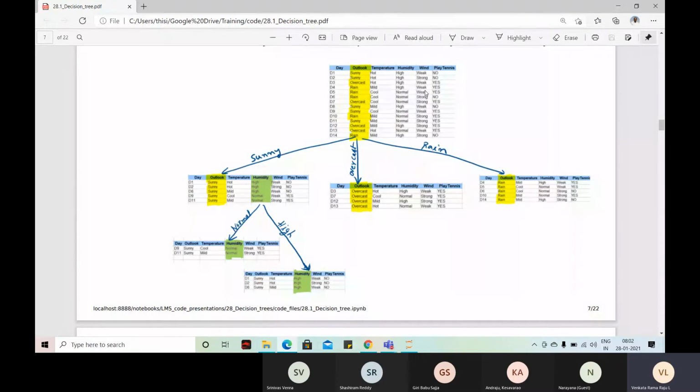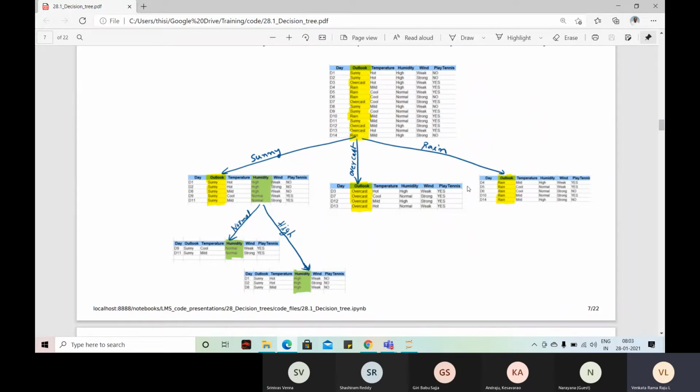You directly come here and predict that they are playing yes. If the record comes with sunny, and the humidity is high or normal, you go in this direction and make a prediction of yes or no. Based on the existing training data, I found some conditions and formed a tree. Using that tree, I'm making predictions when a new record comes in.